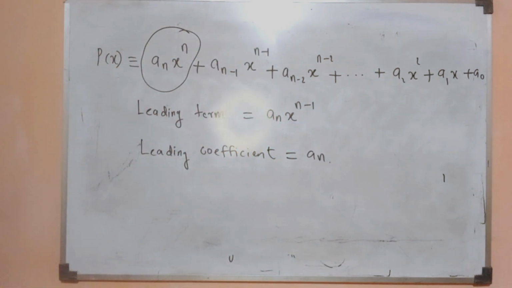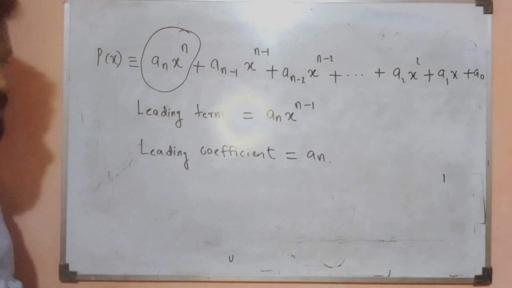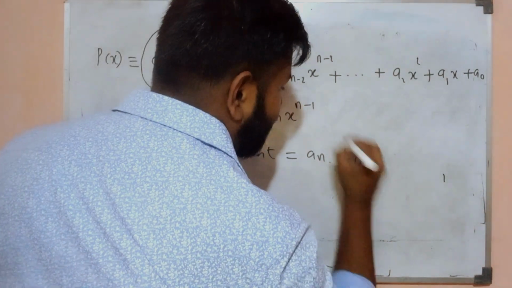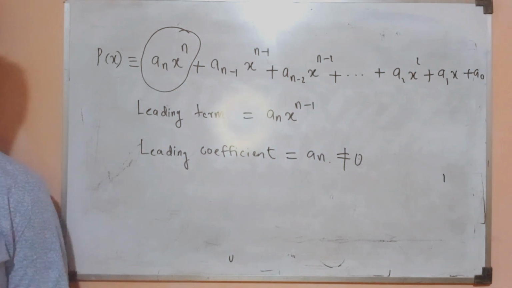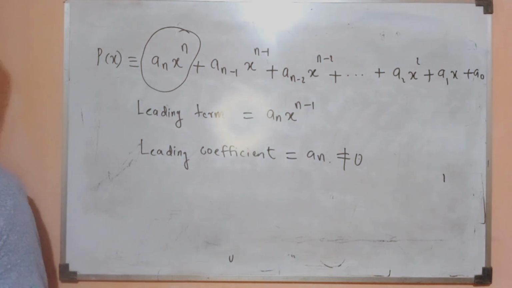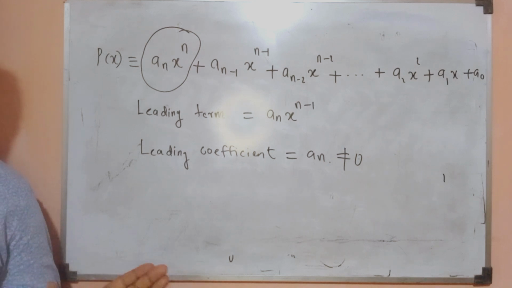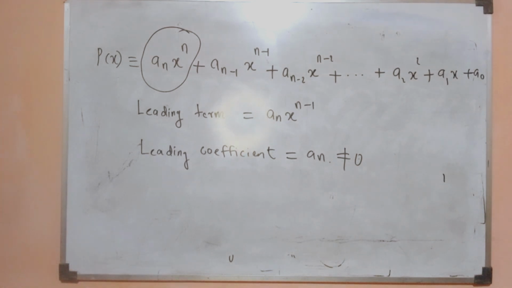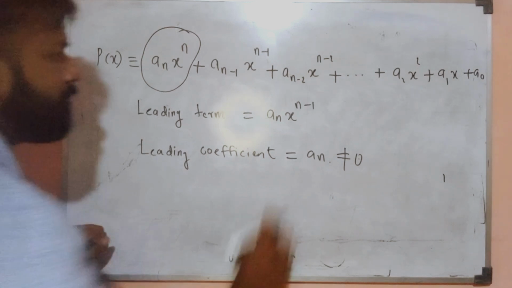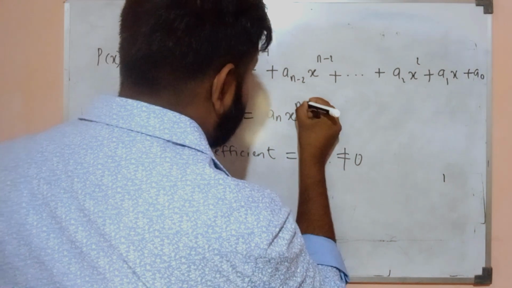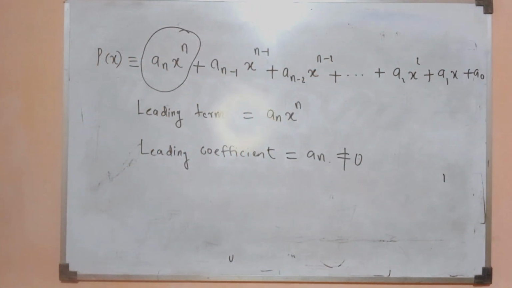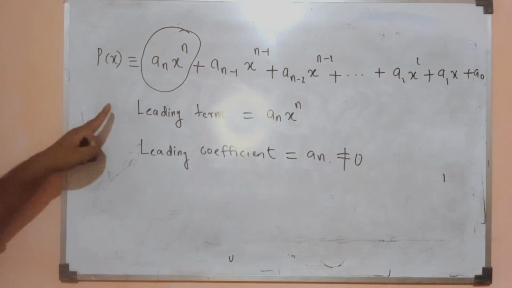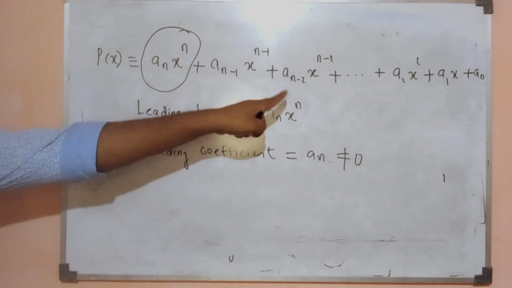If you consider a polynomial, its leading coefficient cannot be equal to 0. Always remember, other coefficients can be 0, but the leading coefficient cannot be 0 in a polynomial. So keep that in mind. I misspoke earlier: the leading term is a_n x to the power n.